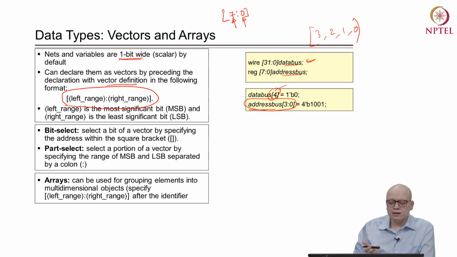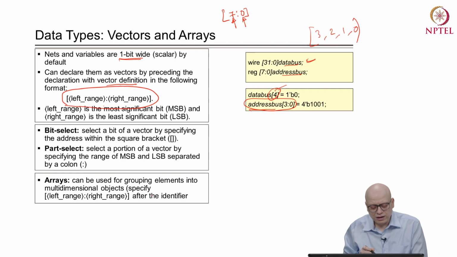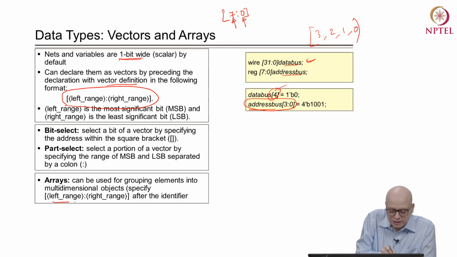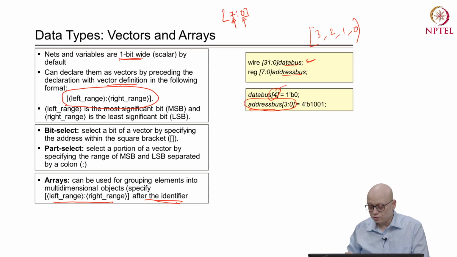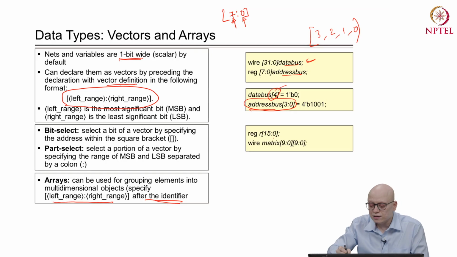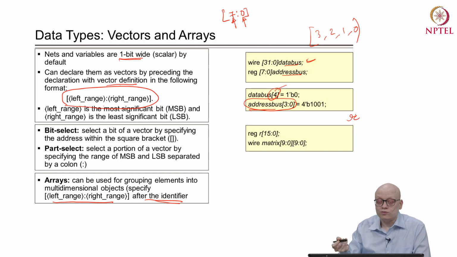The difference between vectors and arrays in terms of syntax is that we specify the range after the identifier. For vectors it was before the identifier; for arrays it is after the identifier. For example, if we write reg r 15 to 0, it is grouping together 1 bit registers r, 16 of them, from 0 to 15.